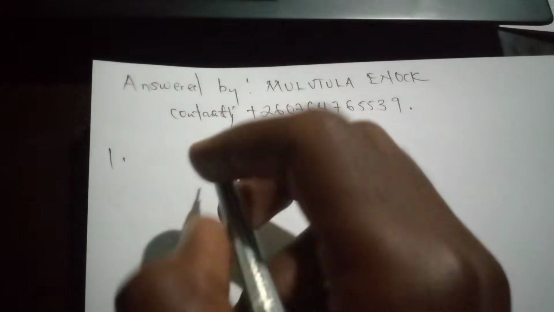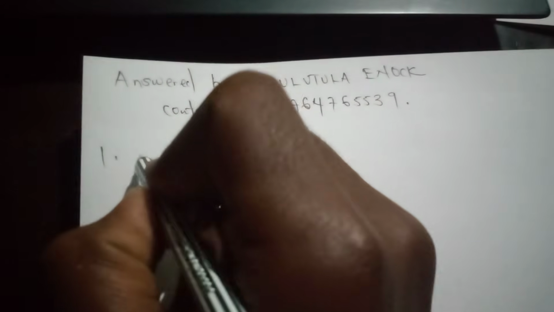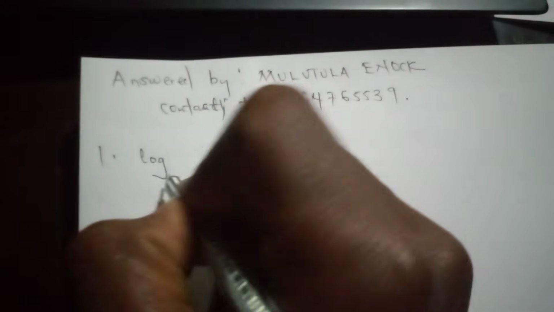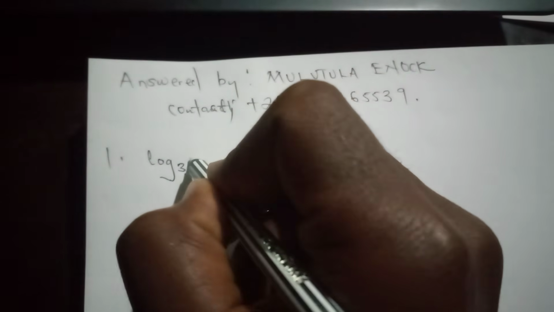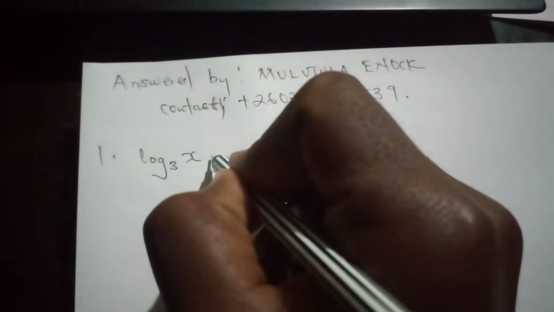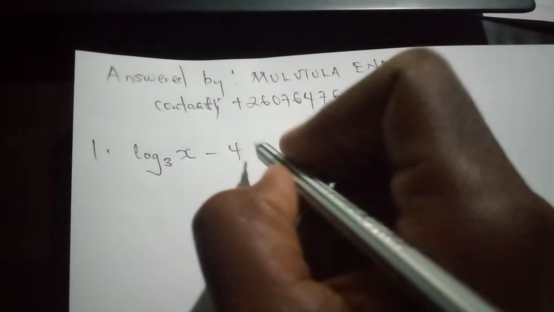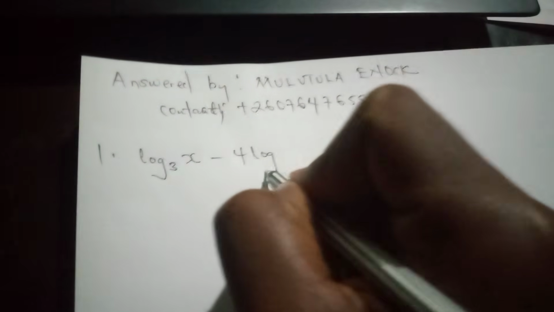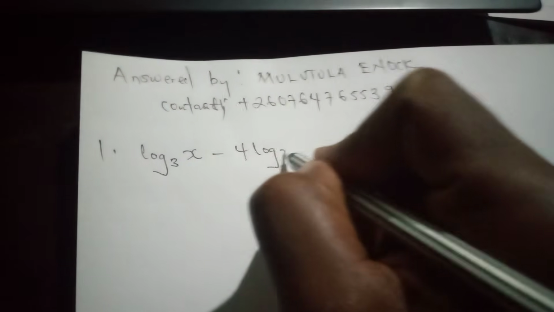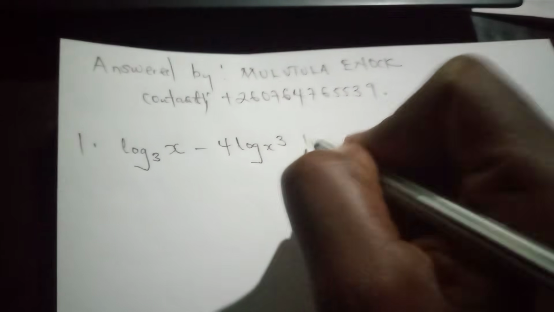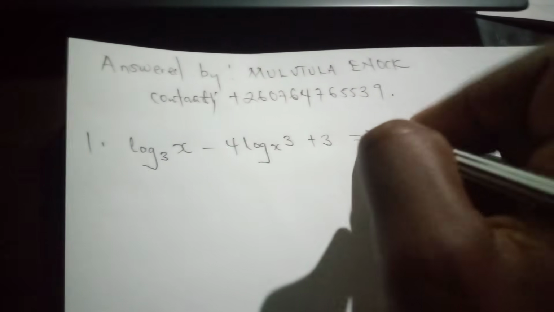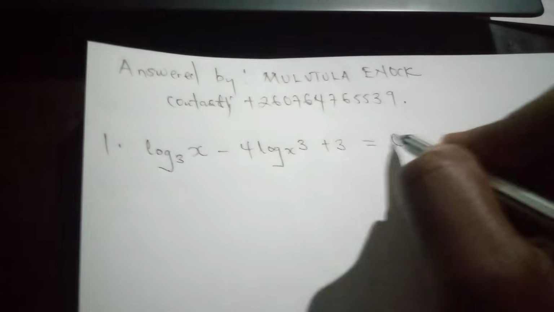So we have log base 3 of x minus 4 log x over 3 plus 3 is equals to 0.